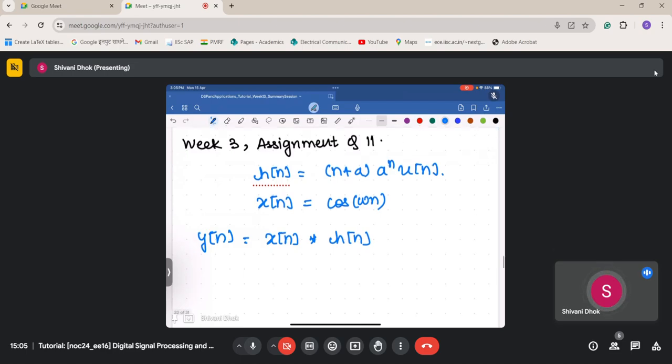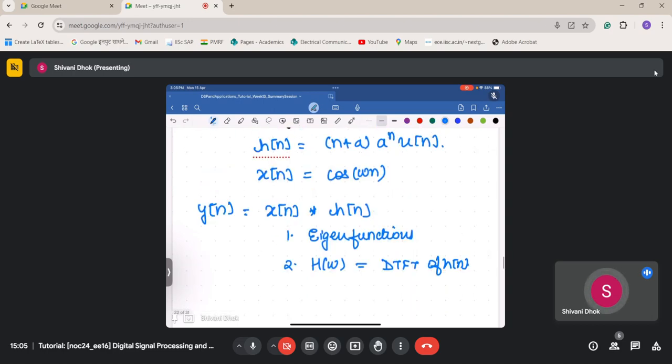Here you need to use two concepts. One is eigenfunctions. And second, you need to find out h of omega, which is equal to the DTFT of h of n. So now what is given to you is this thing here.